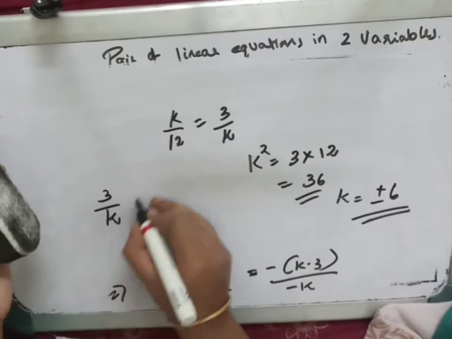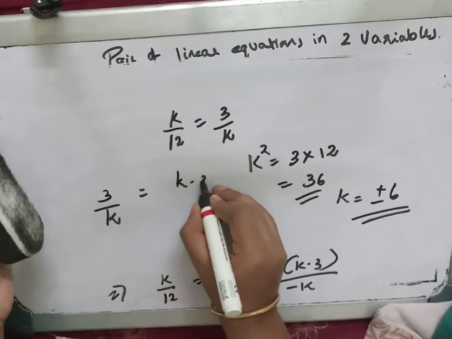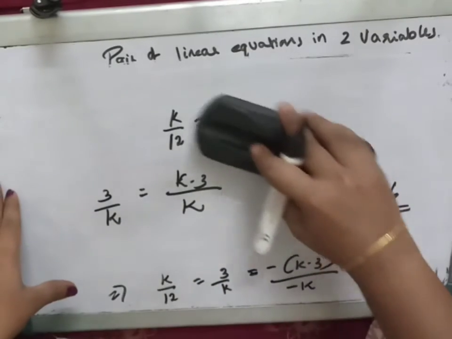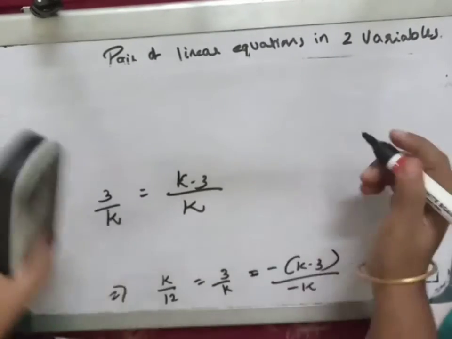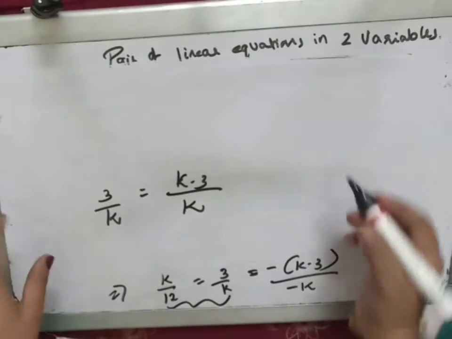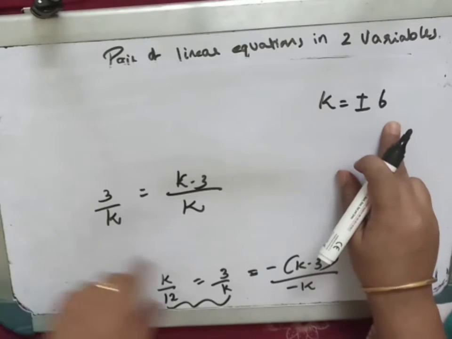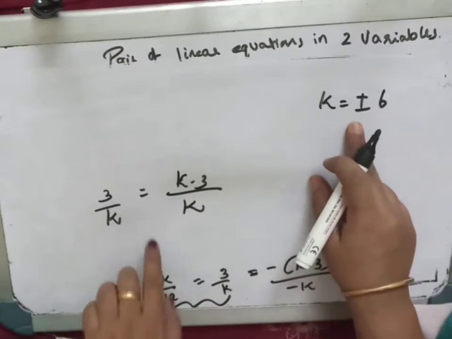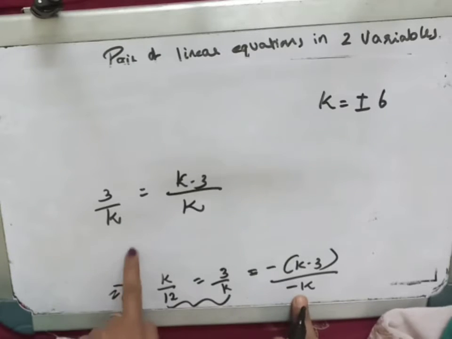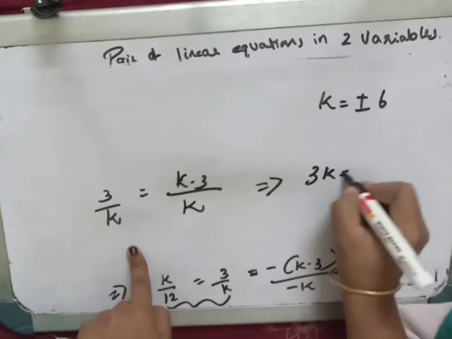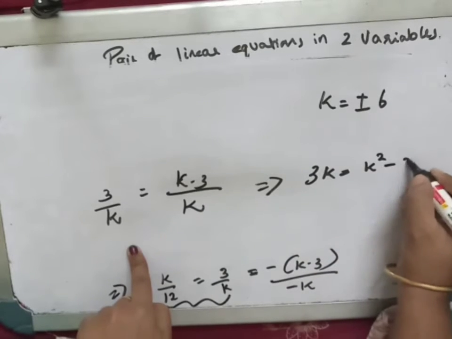3 by k is equal to k minus 3 by k. So by solving this set, we obtained k as plus or minus 6. So in order to verify which is the original value, we are taking the next set. 3 by k is equal to k minus 3 by k, that is 3k is equal to k square minus 3k.